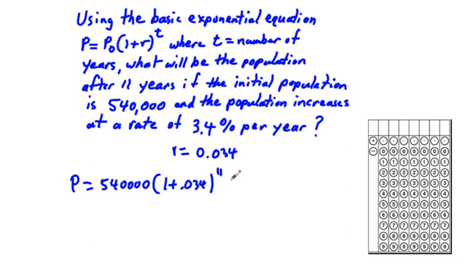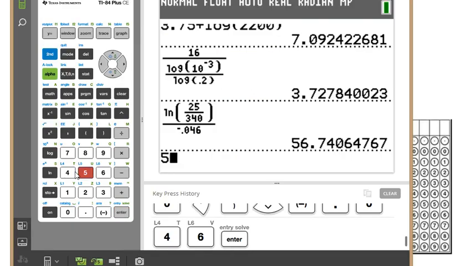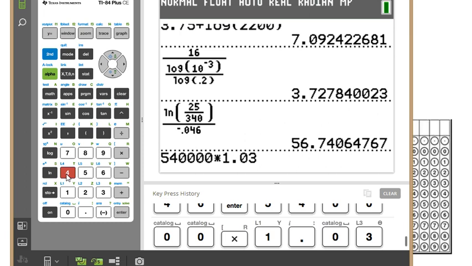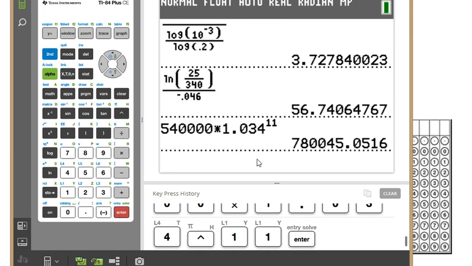We can just put that in our calculator, and I'm going to have 540,000 times 1.034 to the power of 11. And for that, we get 780,045.